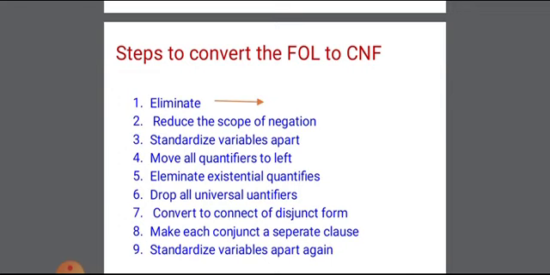After removing the existential quantifiers, the next step is to drop all the universal quantifiers also. To eliminate the existential quantifiers we have some process, we'll see it, but to drop the universal quantifier you just have to remove all the universal quantifiers.